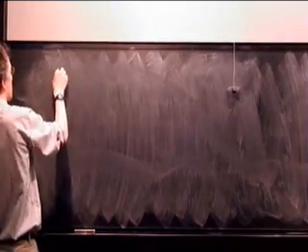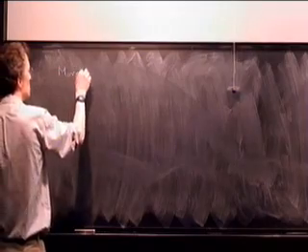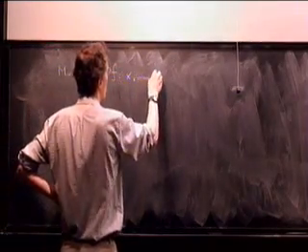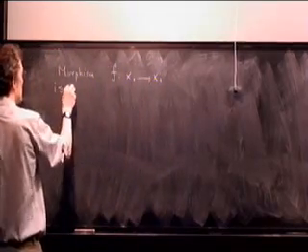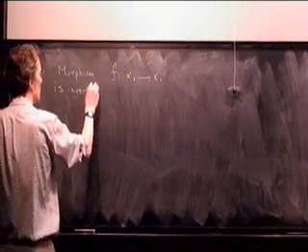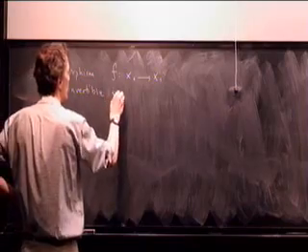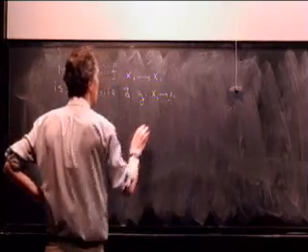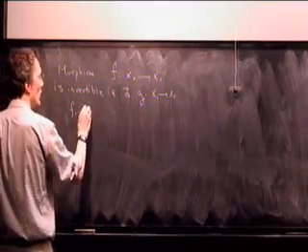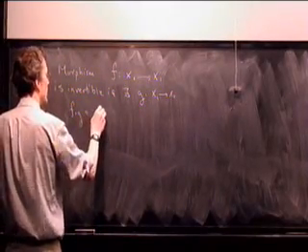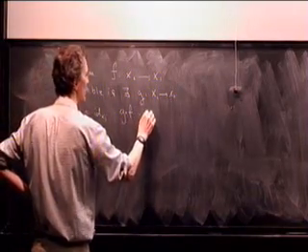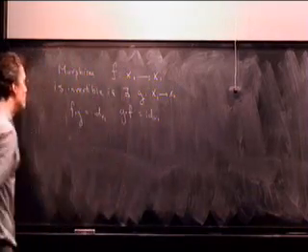So a morphism f in a category from object x0 to x1 is invertible if there exists a morphism G from x1 to x0 such that f composed with G is equal to the identity morphism on x1, and G composed with f is equal to the identity morphism on x0.